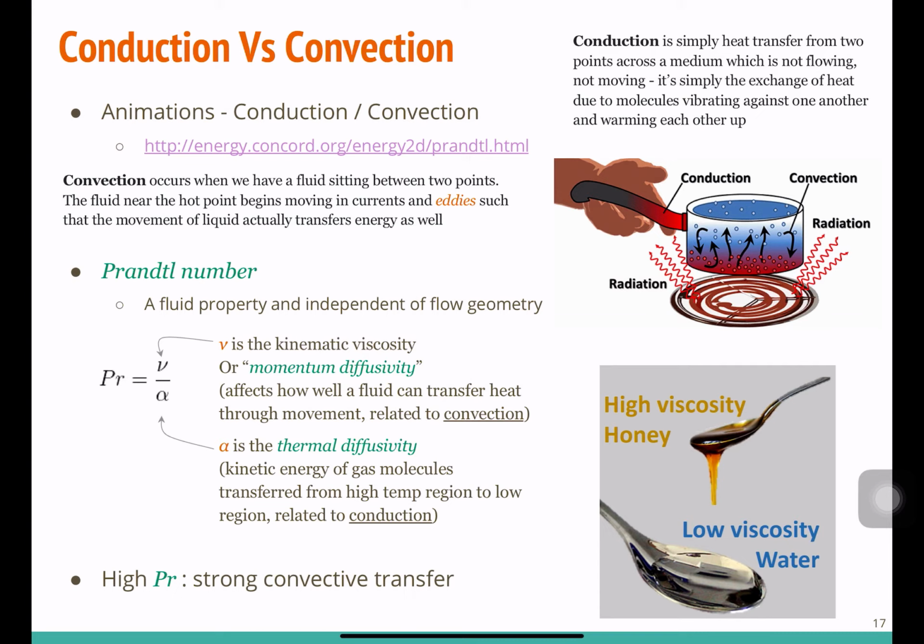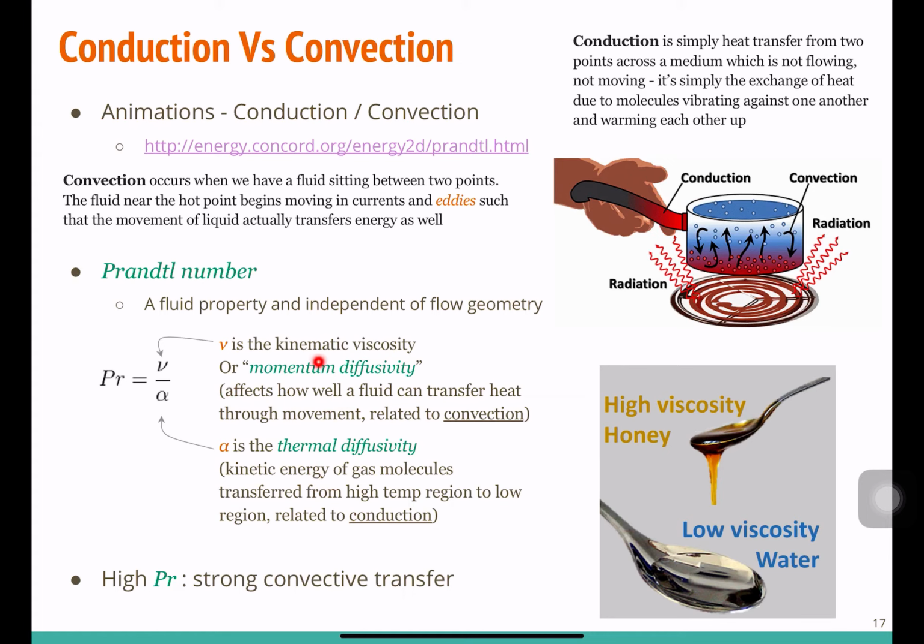I want to use this to explain the Prandtl number. The Prandtl number compares the heat transfer by viscosity, or by convection, and the heat transfer by conduction. Thermal diffusivity represents the conduction in your fluid.